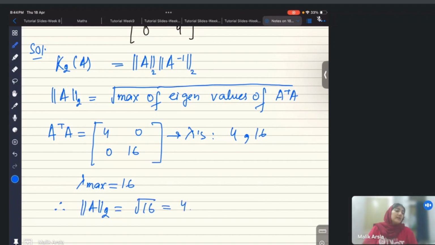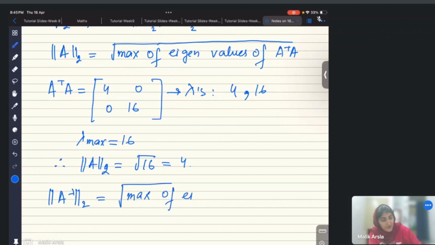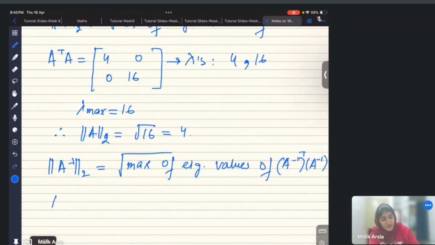Now similarly, finding the 2 norm of A inverse will be the square root of the maximum of the eigenvalues of A inverse transpose into A inverse. For that we need to first find A inverse.